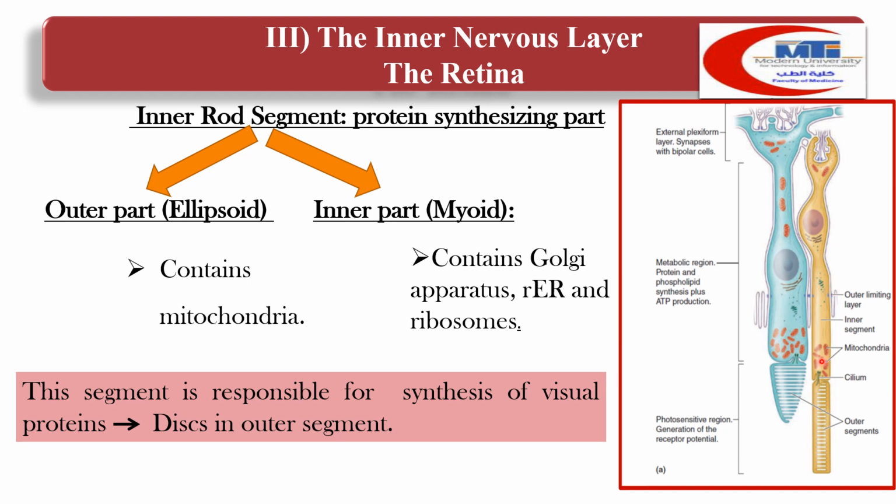This segment is responsible for synthesis of the visual proteins, which then pass to the discs in the outer segment. So new discs are added, and old ones are phagocytosed by the retinal pigmented epithelium.